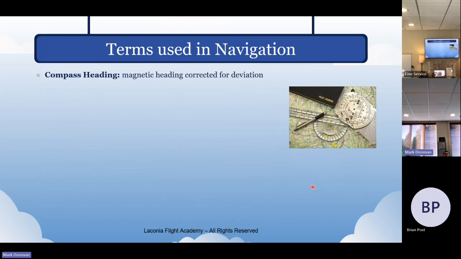Again, more terms used in navigation. We have compass heading. We have a magnetic compass in the plane, so if we're flying relative to the magnetic North Pole, which, as I just said, is not coincident with the true North Pole. And it can vary. Magnetic deviation is the magnetic anomaly that affects the compass.